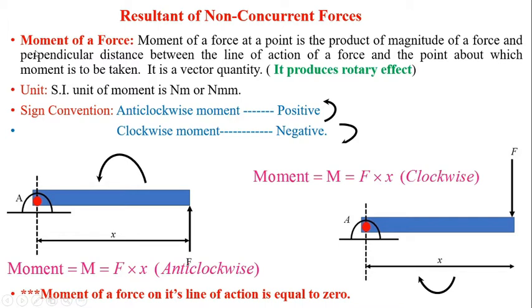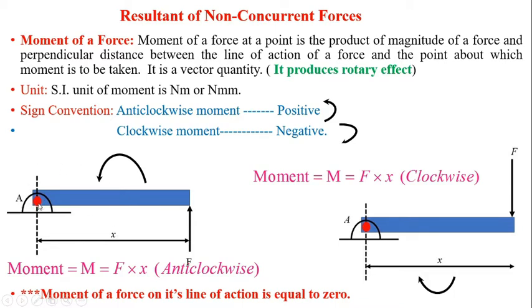Now, let us come to the definition of moment. Here I will explain the definition of moment with the help of these two figures. Let us consider a bar which is pinned at A. Pin means the bar can rotate freely about this point. Similarly, a door of a room rotates about pins.